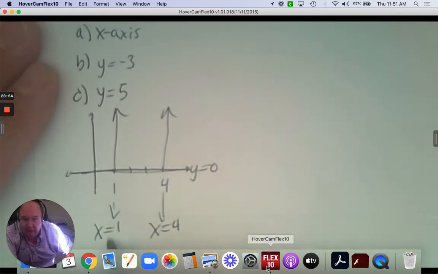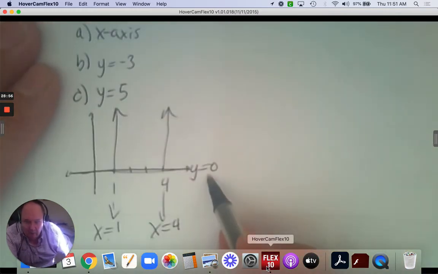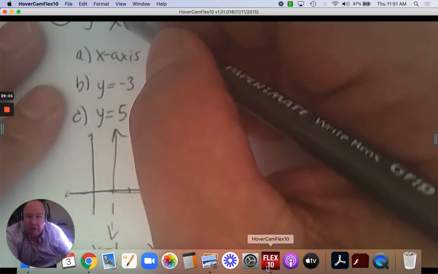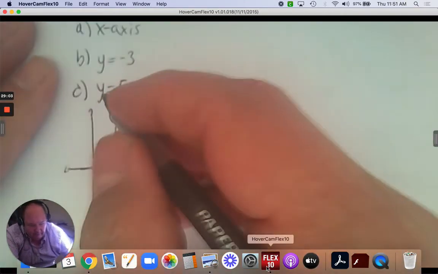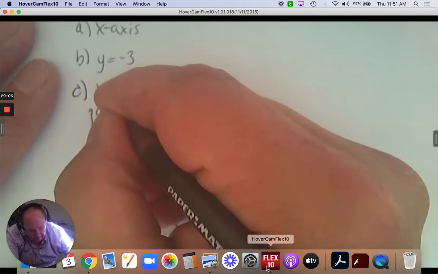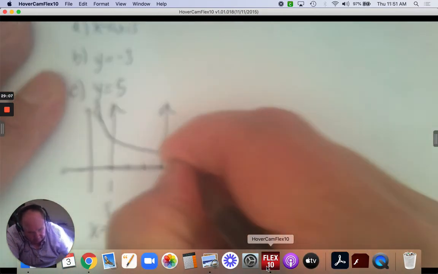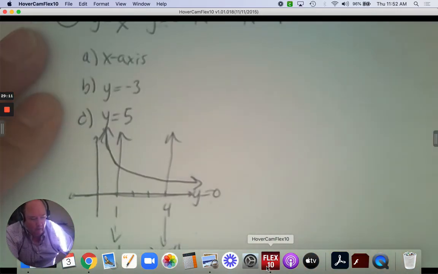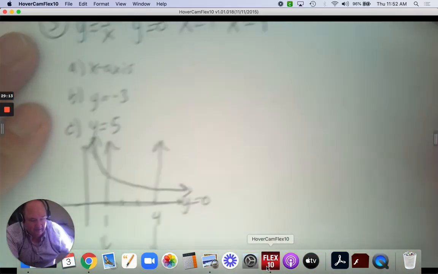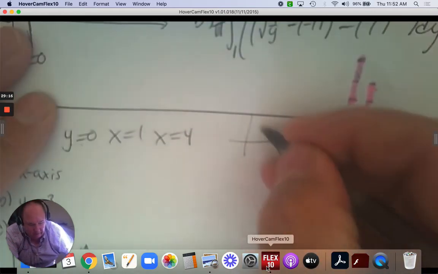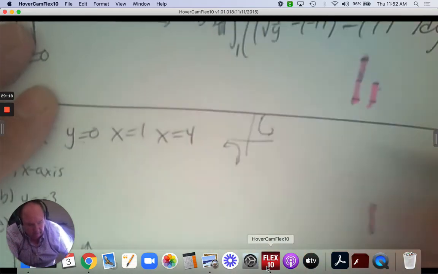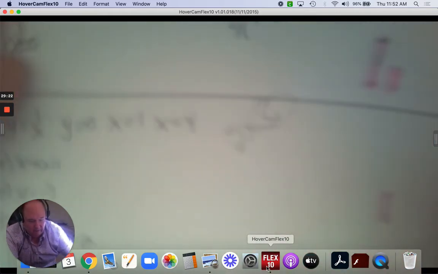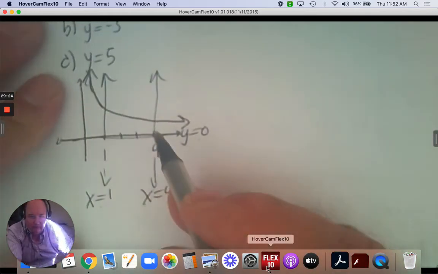So we have x equals 1, x equals 4, y equals 0, and now we have the curve that's going to come through. So the curve 1 over x looks like this. If I say, what does 1 over x look like? It's a reciprocal function where it kind of looks like this, right? So we just need this part up here, not the negative part over here. So there's that picture there.